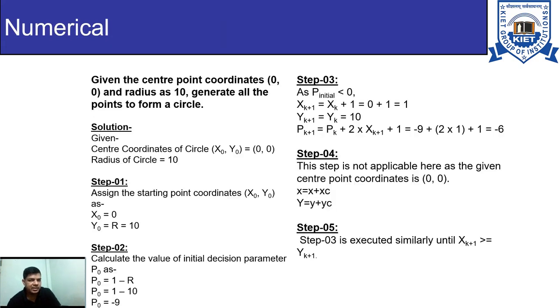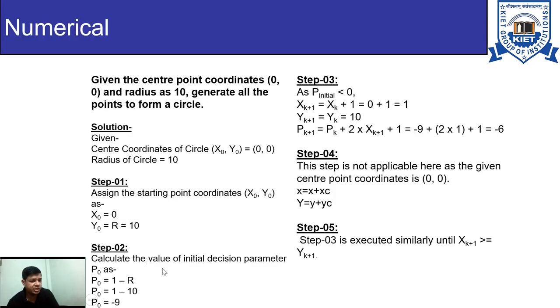So here is a numerical of circle, and you have to draw a circle whose center is at 0, 0 and the radius of the circle is 10. Okay, so the value of x0, y0 is 0, 0, and the radius is 10. We know that the first point has the coordinate 0, r, so the first point is 0, 10.